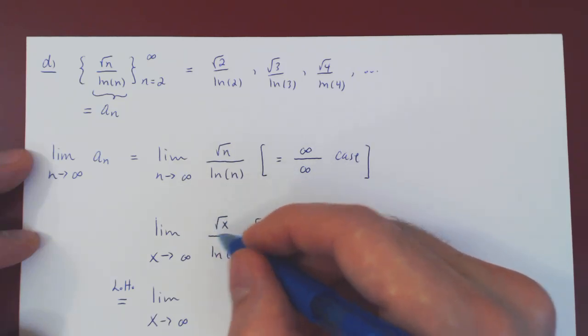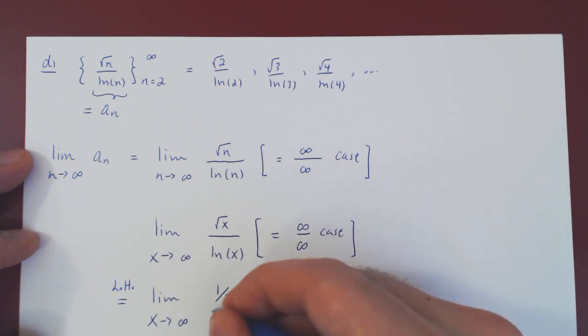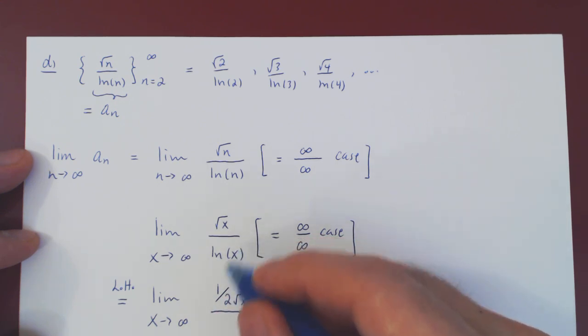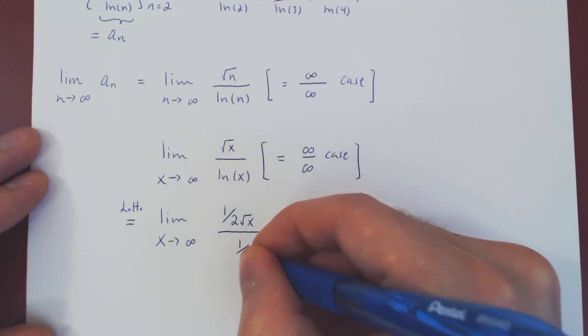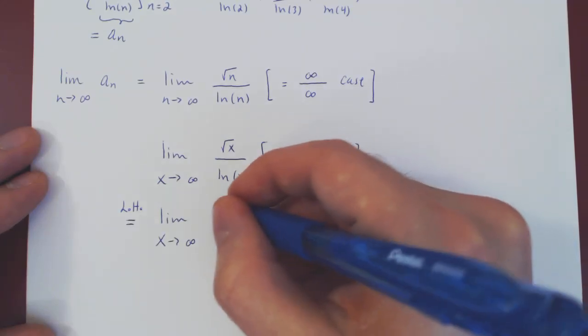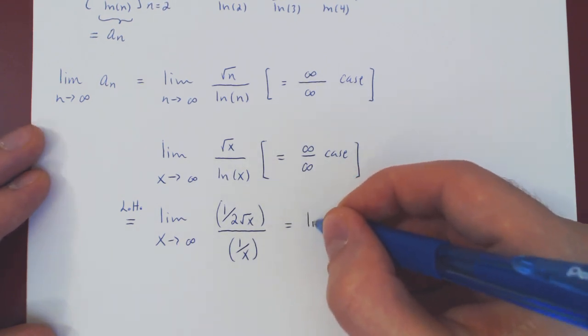The derivative of root of x is 1 over 2 root of x over the derivative of ln of x, which is 1 over x. We can simplify this expression.